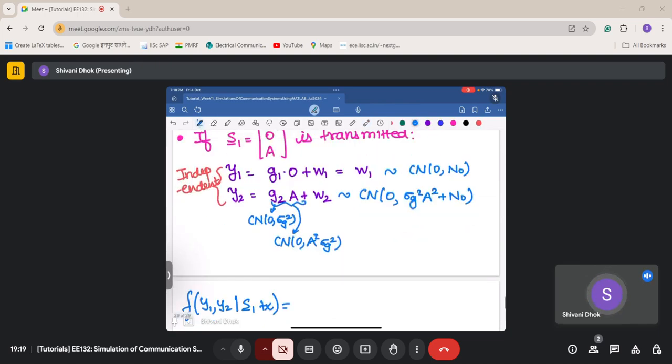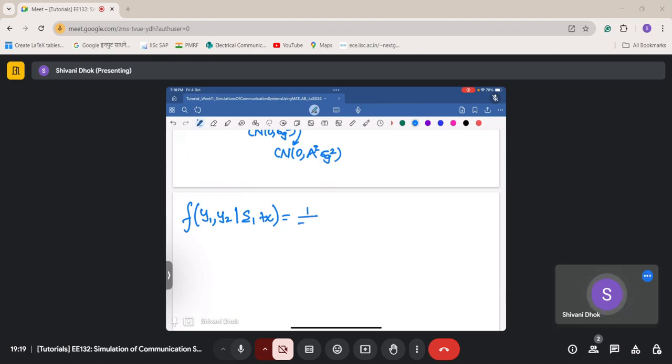So the PDF of y1 is 1 upon pi n naught into e power minus magnitude of y1 square by n naught, multiplied by 1 over pi into a square sigma g square plus n naught into e power minus magnitude of y2 square upon a square sigma g square plus n naught.